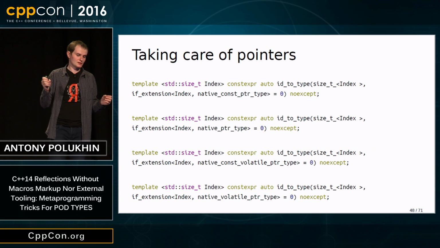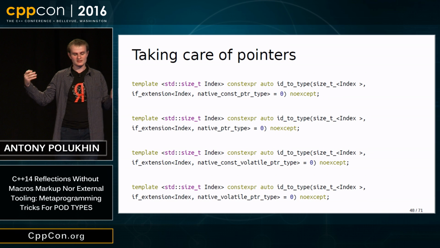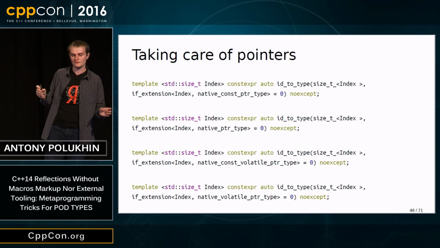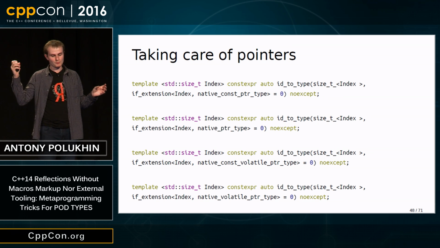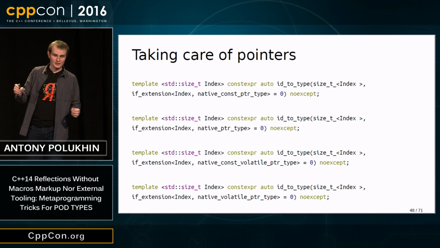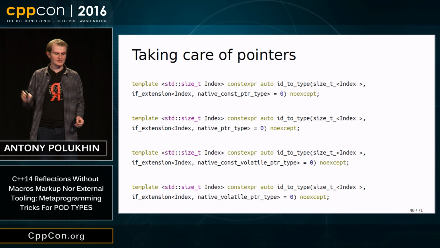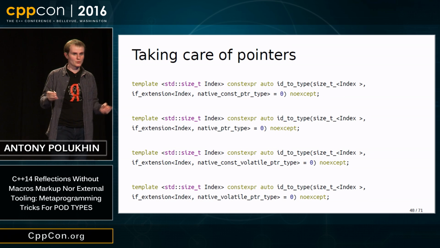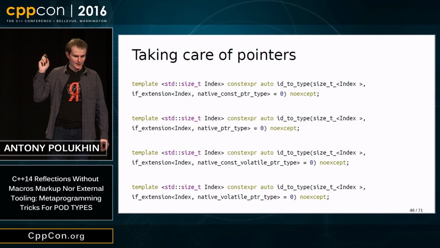If the identifier has the bits that this is a const pointer, the first function will be called. If the identifier has the knowledge that this is a pointer, the second function will be called. Here, the extension is an alias for std::enable_if and some nasty expression that detects what pointer we are working with, what pointer is encoded in the identifier.